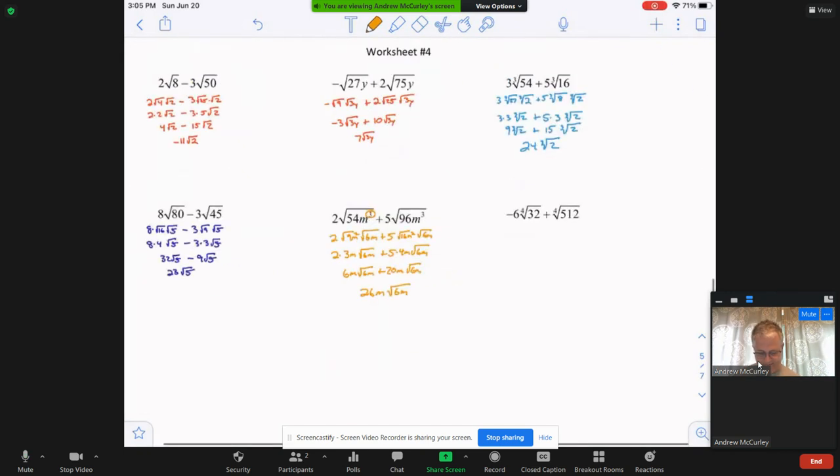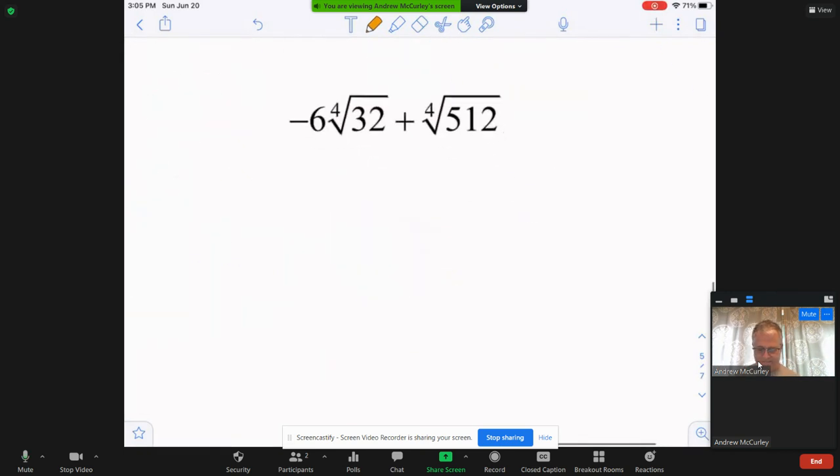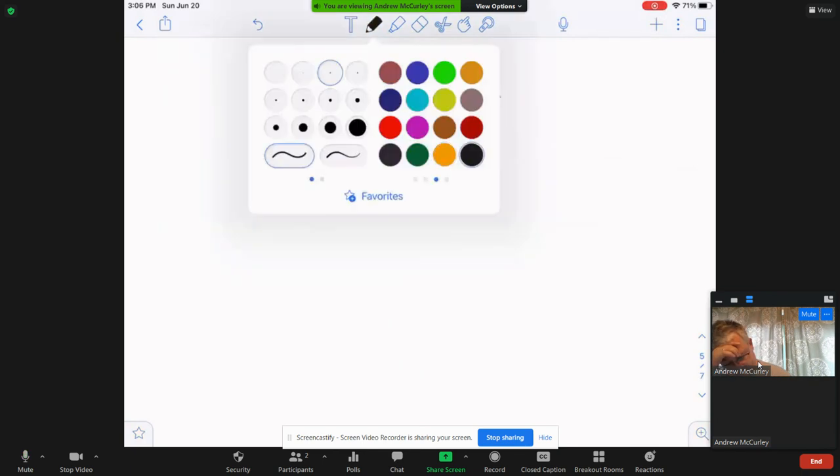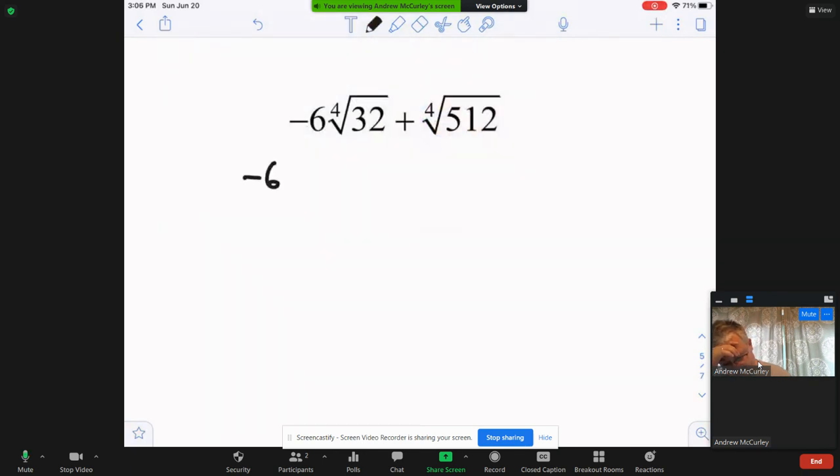All right. We get one this big. Probably. All right. So the fourth root. So I know 16 goes there. So negative 6, fourth root of 16, fourth root of 2.